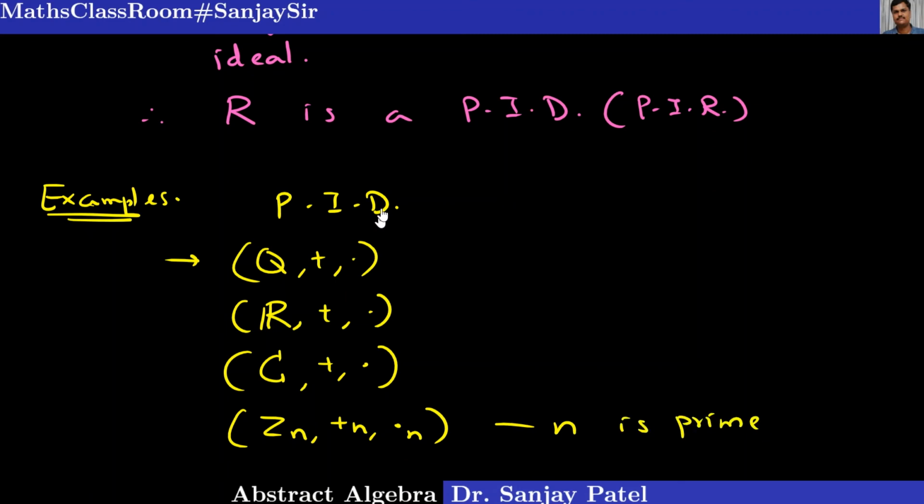These are all examples of principal ideal domain because all are fields.